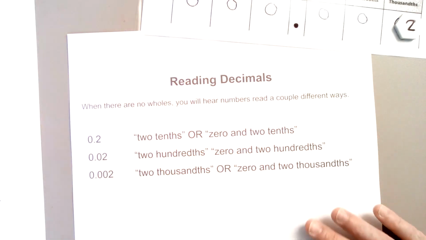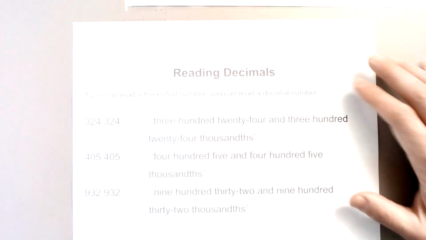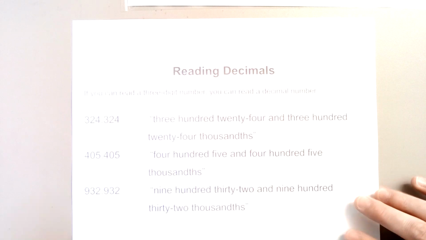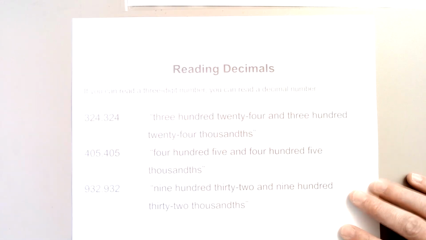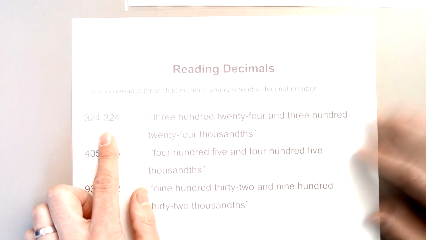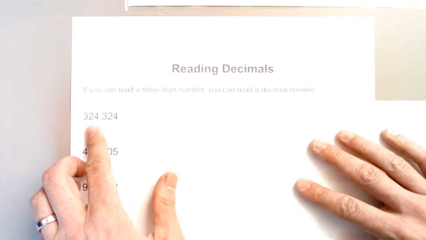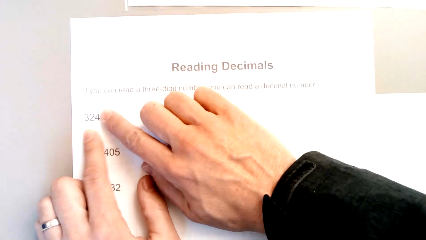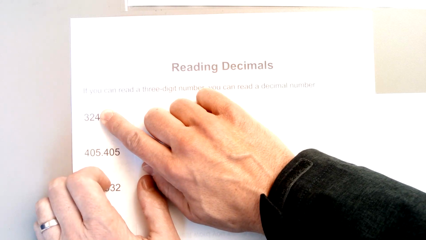All right, now let's go on to the next step where we have numbers in the wholes places and the decimal places. If you can read a 3-digit number, you can read a decimal number. This looks like a lot here, but you would read this number. If this was just a 3-digit whole number, you'd read that 324, correct?